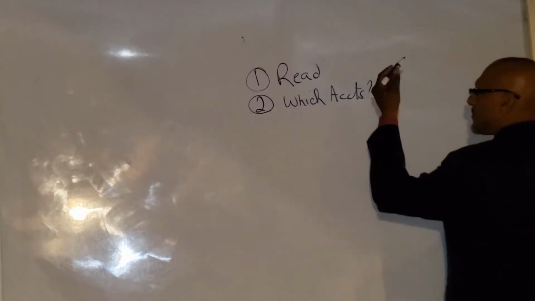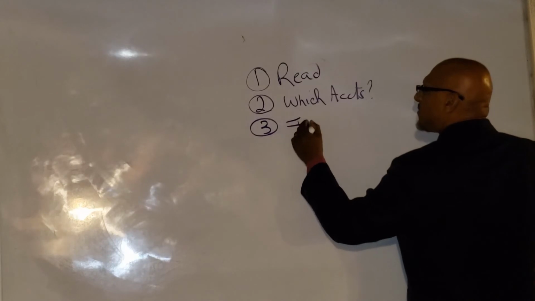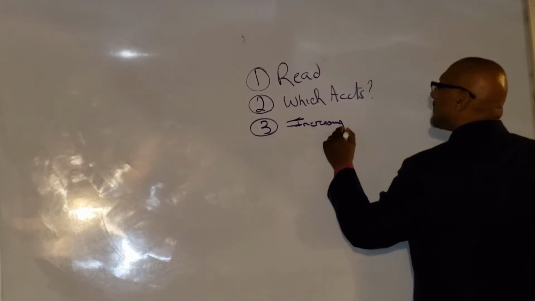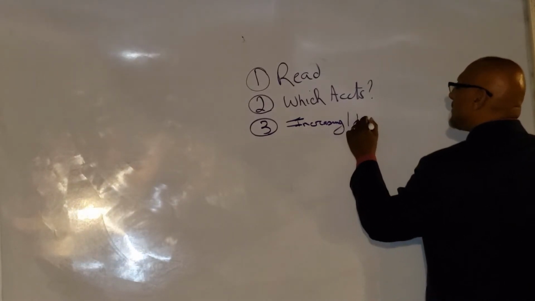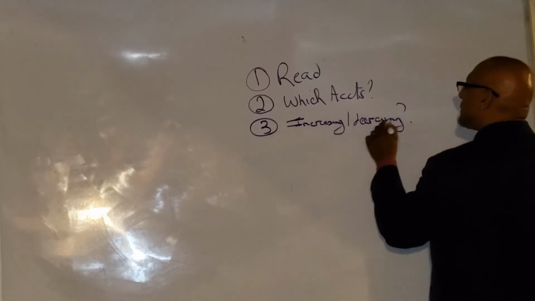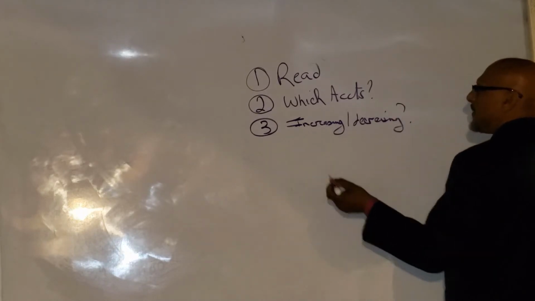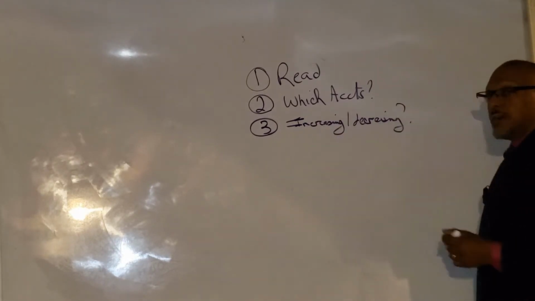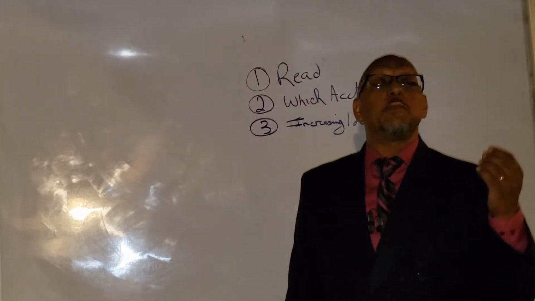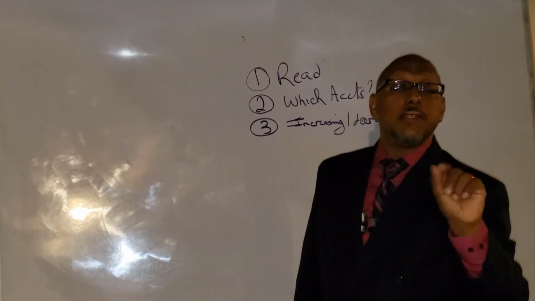So which accounts are we dealing with? Number 3, which accounts are increasing? Which accounts are decreasing? Now, sometimes we have accounts both are increasing, sometimes both are decreasing. Sometimes if we have 2 accounts, one is increasing, one's decreasing.